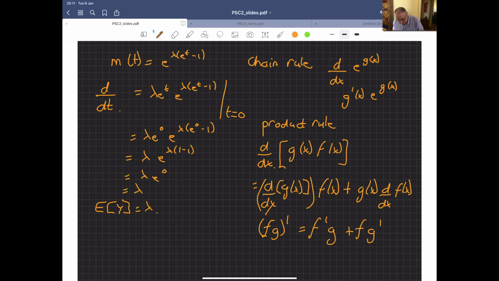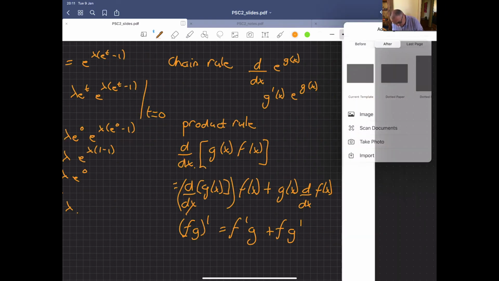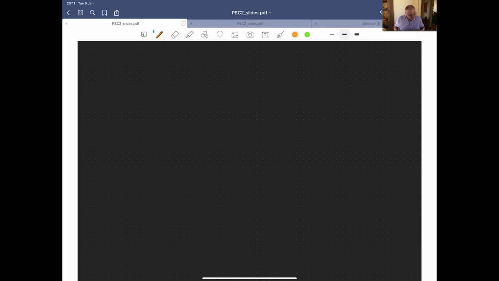Okay, so what does that actually mean for me? We're going to find that if I differentiate with respect to t twice, I should get lambda e to the t, e to the lambda e to the t minus 1, plus lambda e to the t squared, e to the lambda e to the t minus 1.